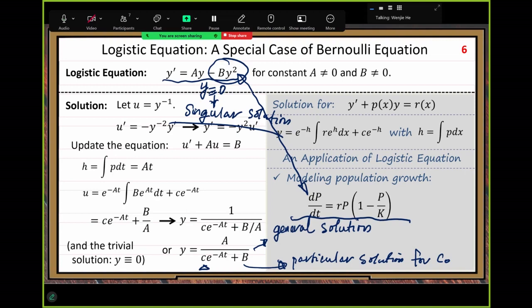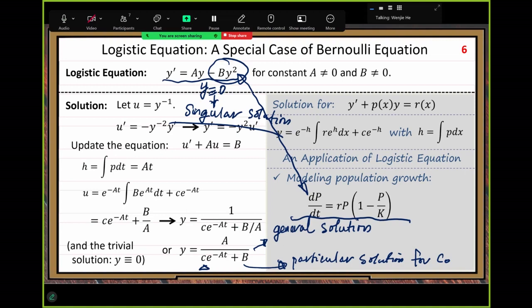From this form, you can see the population, larger, smaller, there is some solution. There is a line people call the equilibrium solution. Think about it.